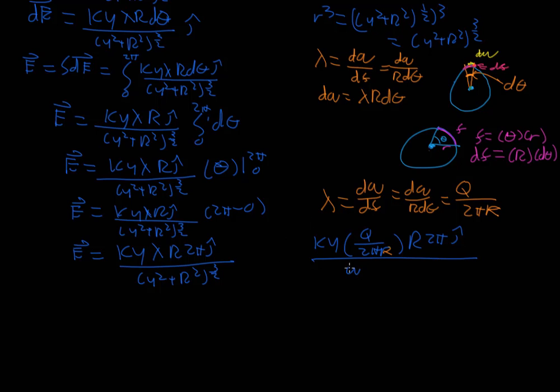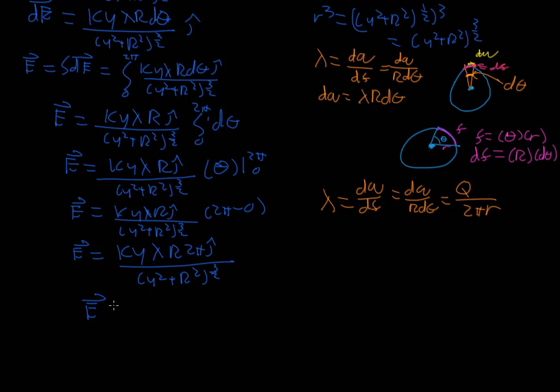And then we have what's going on in our denominator. We see the 2 pi's cancel along with the r, so we end up getting just k y q with the j hat in the numerator. I just want to show some of the math of what's happening when we plug this in.